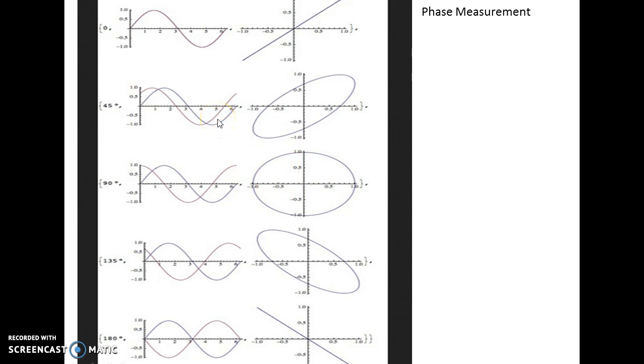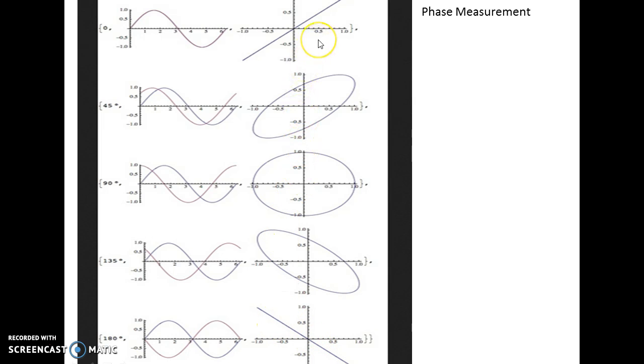And if the signals have a phase shift of any other angle, then you will get an ellipse. For a 180-degree phase shift, which is nothing but a negative phase shift of 0, you get a straight line again, but in the second and the fourth quadrant.